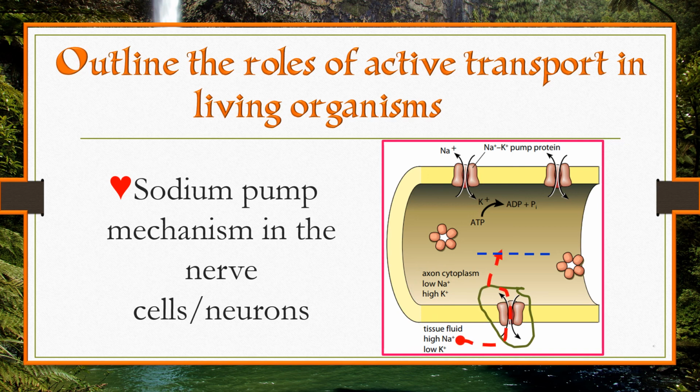Those will open when the nerve impulse comes, so that sodium ions flow inside the axon, and potassium ions flow out of the axon. When that happens, the inside of the axon becomes positively charged, and now our nerve impulse can pass. And when it has finished passing, we need to close the channels.